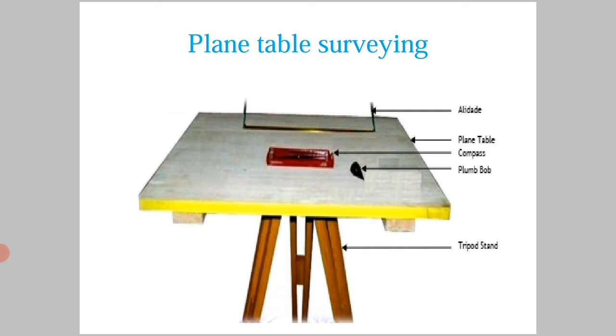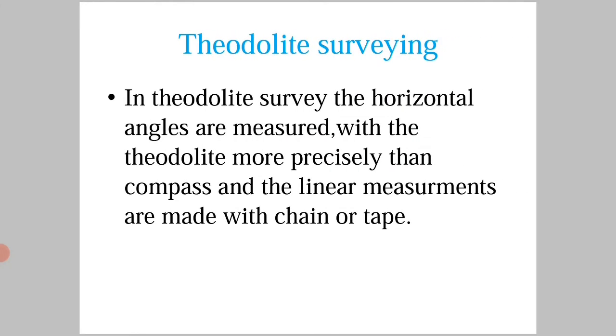This figure shows the components of plane table surveying: plane table, compass, plumb bob, and tripod stand. Field observations and plotting are both done simultaneously.